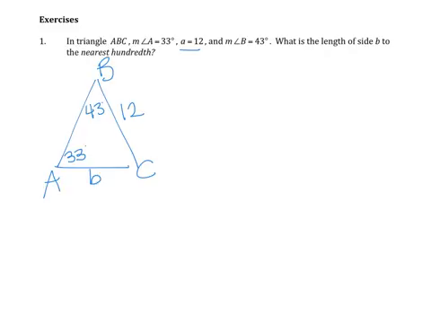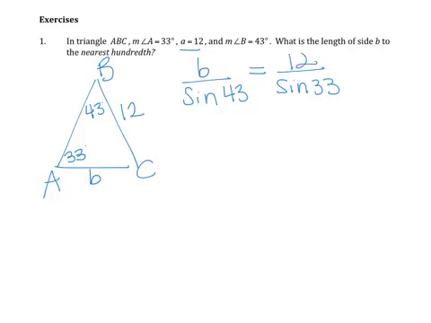So the ratio of sides is going to be side b over sine of 43 is equal to 12, the length that's opposite, over sine of 33. So b is equal to 12 sine 43, from cross multiplication, divided by sine of 33.